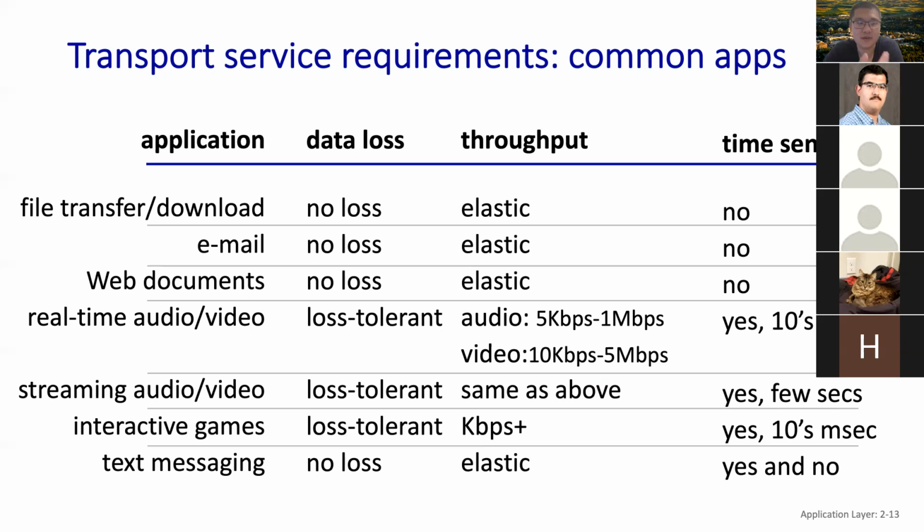Because you start from the beginning to the end and the delay could be overlapped or pipelined. So you cannot sense that you have some delay sometimes, right? And for interactive games, it can tolerate some loss, and it has a lower throughput requirement, and it has similar time sensitivity as real-time audio video, okay?